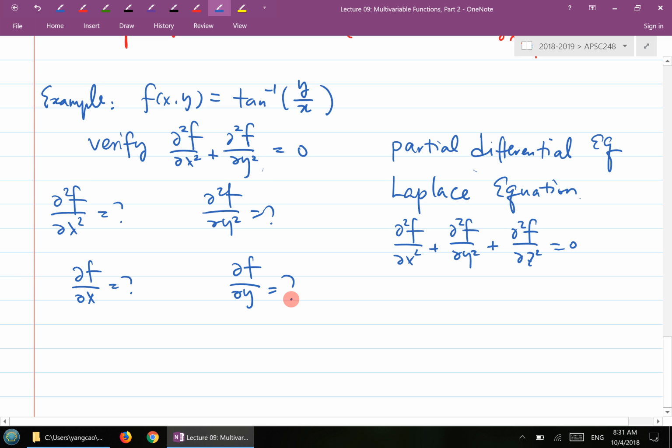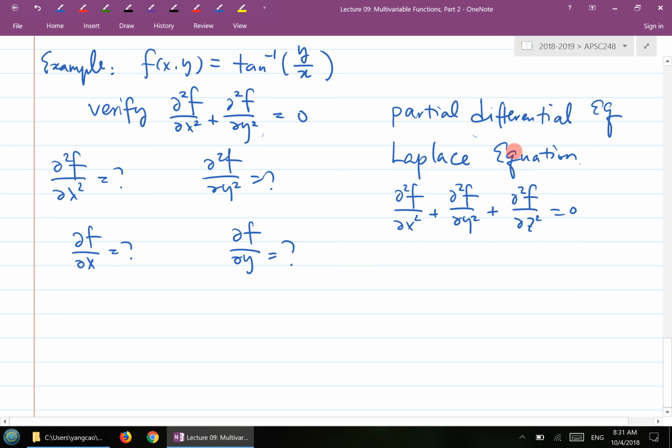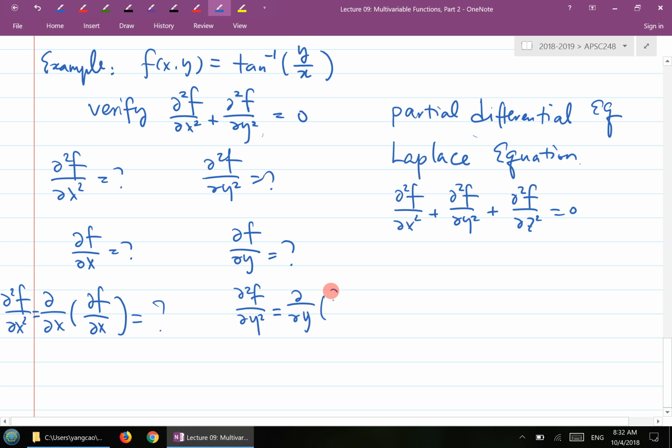That's the way of thinking. Once you get these two first order partial derivatives, you can further calculate, based on the result, the second order partial derivative, and similarly for this one. So that's how you would approach this computation.